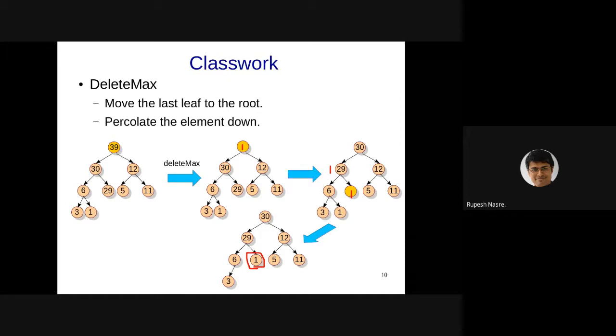Does that create any other issues? Anybody sees any issues with this approach? Okay, so if not, then we'll try it out on some more examples, right? So we have gotten this tree with 30 as the root. Let's do delete max on that.